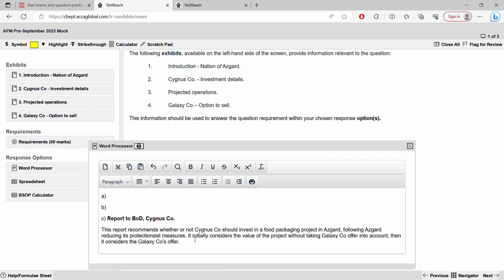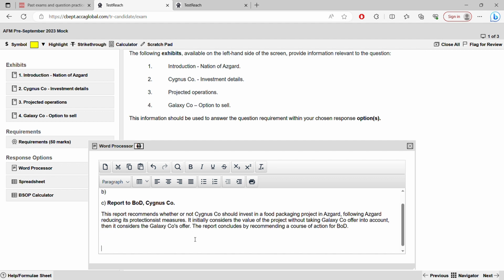You have to write the report concludes by recommending a course of action for the board of directors. Done. Now I'm going to write the subheadings.